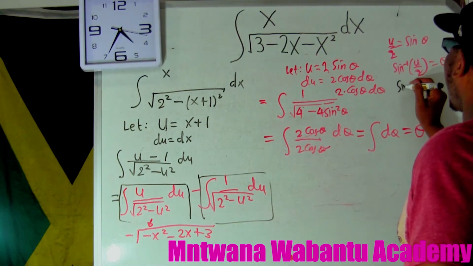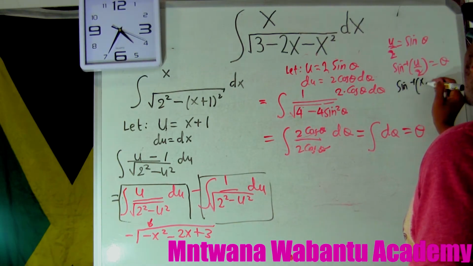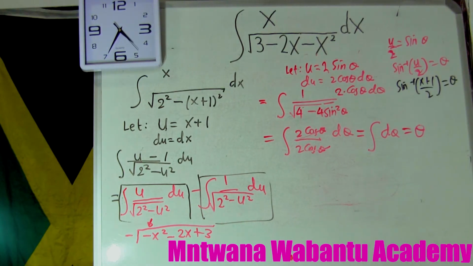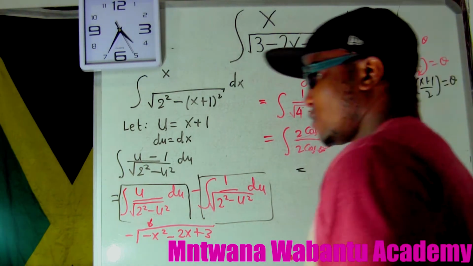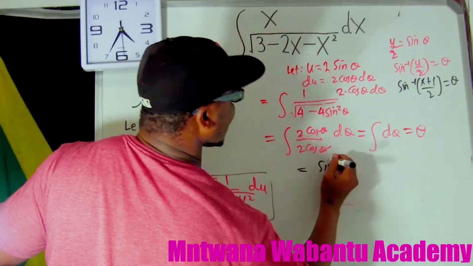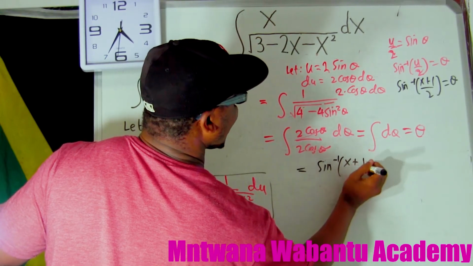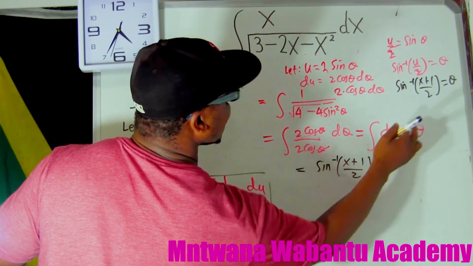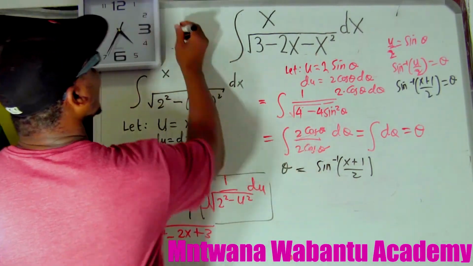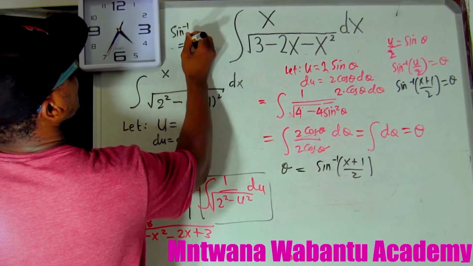So theta equals sine inverse of x plus 1 over 2.